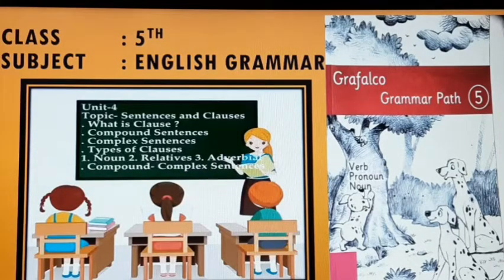What is a clause? Pay attention here because this is a very important topic, and once we understand this topic, we will be able to do our exercise and we will also be able to learn the remaining topics given in your textbook.